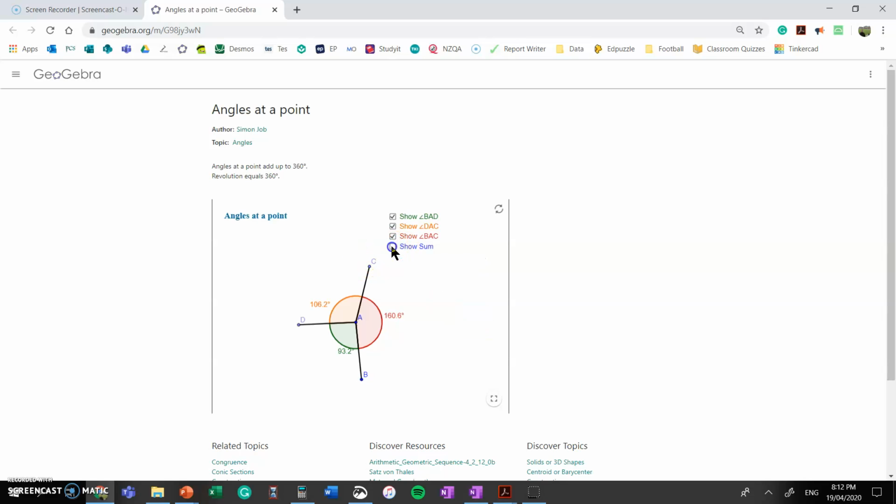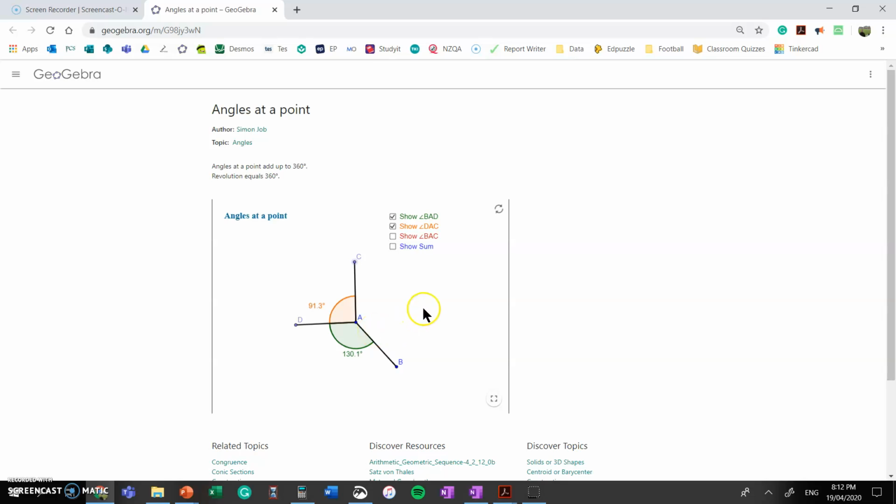The other great thing that you can do is, now that you know they add up to 360, if I take one of them away, if I change these values to this, I can start to use it to work out what this angle on this other side is going to be.